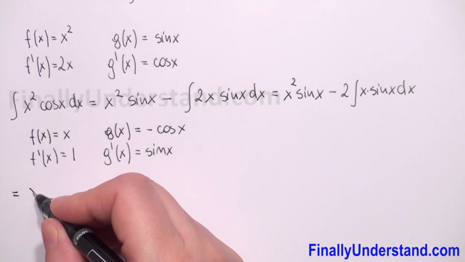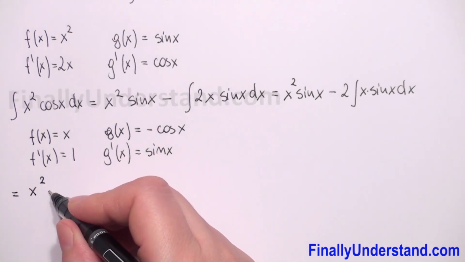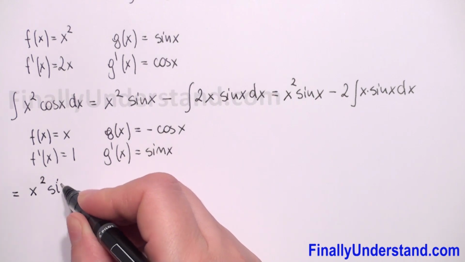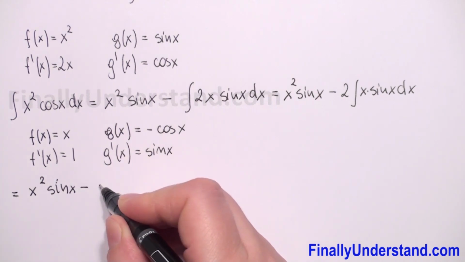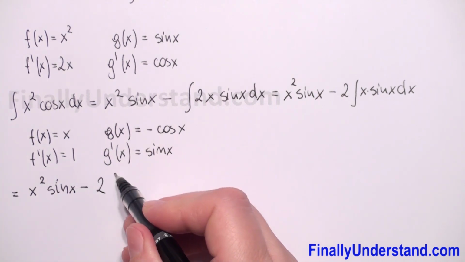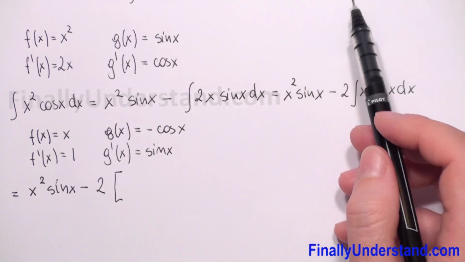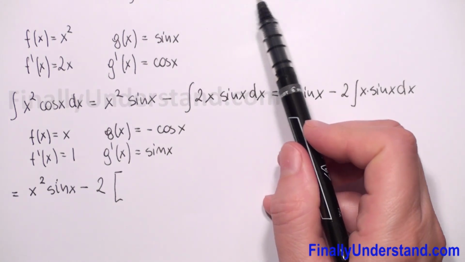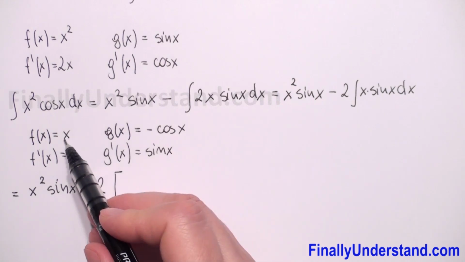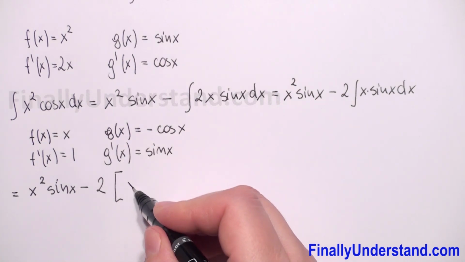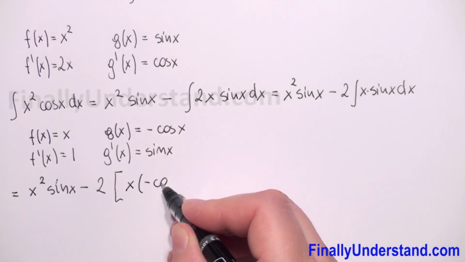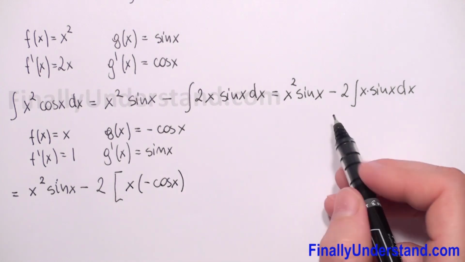We have x squared sine of x minus 2, and now we will open the brackets, and again we will use this formula. First we have f of x times g of x, so we have x times negative cosine of x.